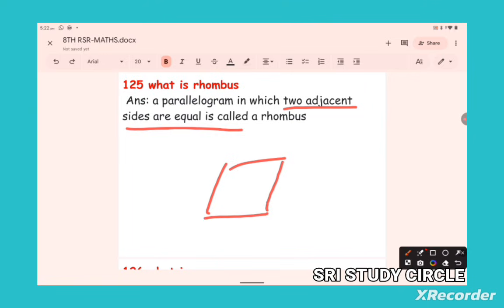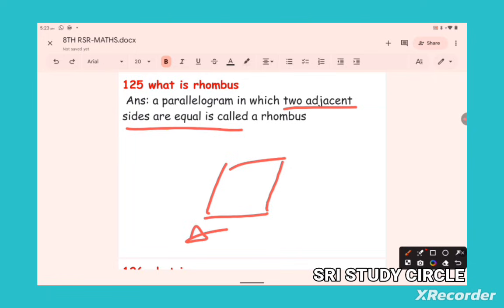A quadrilateral with all sides equal, opposite sides parallel and opposite angles equal is known as a rhombus.